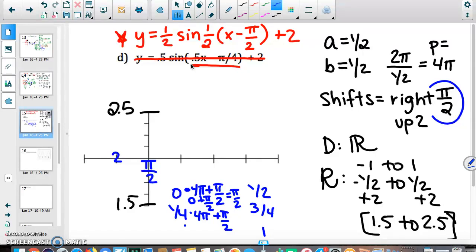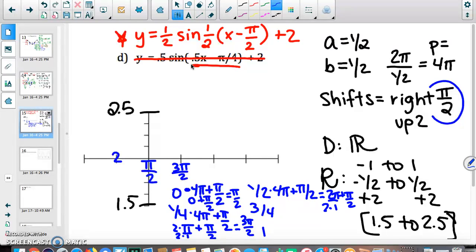1/4 times 4 pi is pi. Pi plus pi over 2. If I want to get some common denominator, that is going to be 3 pi over 2. 1/2 times 4 pi plus pi over 2. That's going to be 2 pi plus pi over 2.